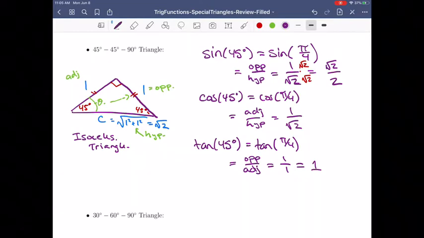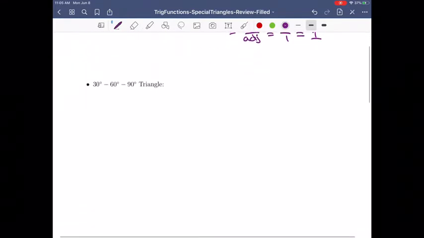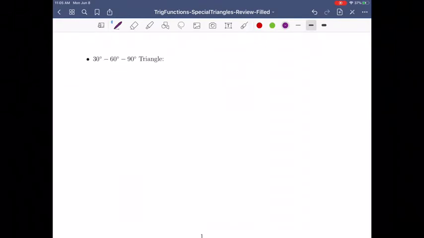The next triangle is called a 30, 60, 90 triangle. So I'm going to draw this one upright. Maybe it looks something like this. So here's our 90. This is our 60 degrees. And this is our 30 degrees.